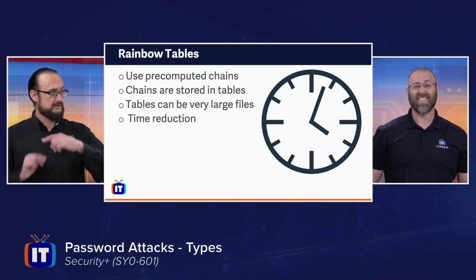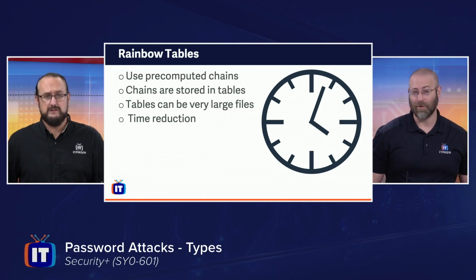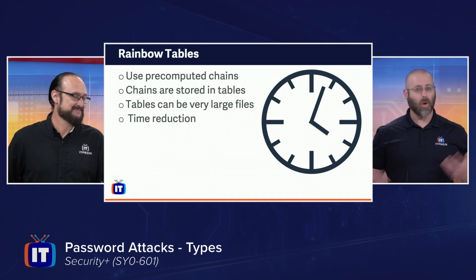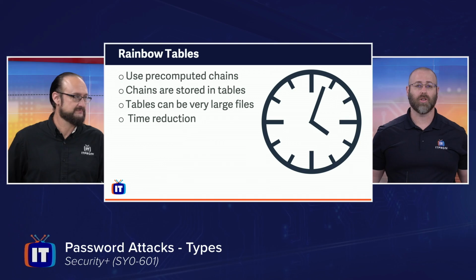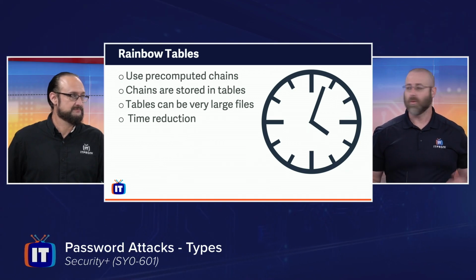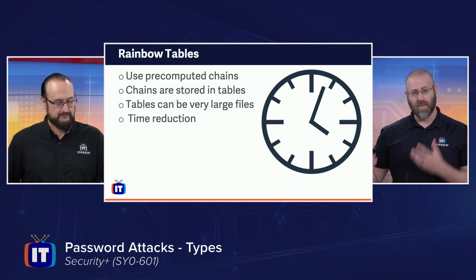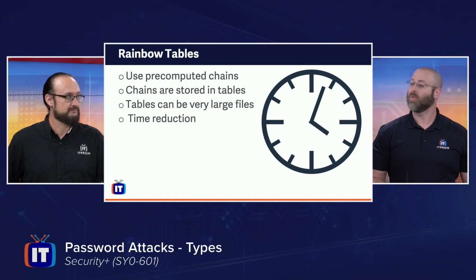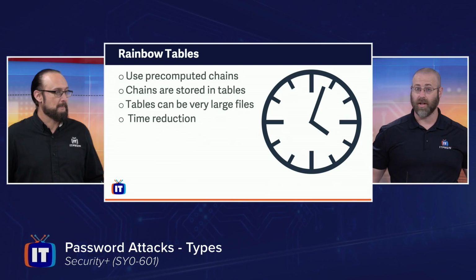With a big T. With a T. Yeah, terabytes. So bring a big drive. But the more you have, obviously, the more likely it is that you're going to be able to find the right password. Sure. Because of the expediency of using those pre-calculated hashes instead of having to do it on the fly, man, you can really rip through this thing. So the more you have, the better off you are.